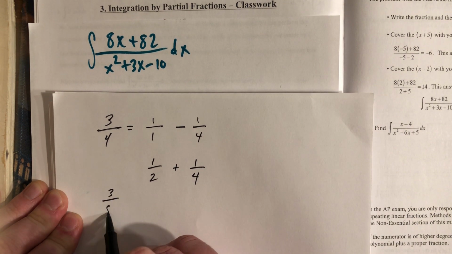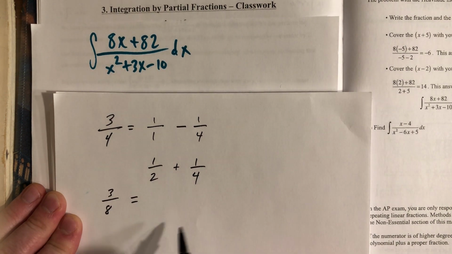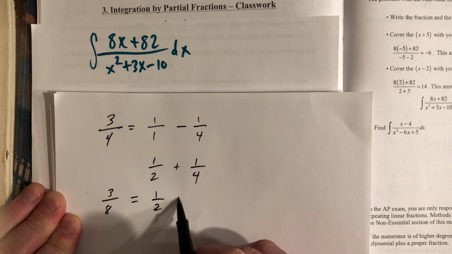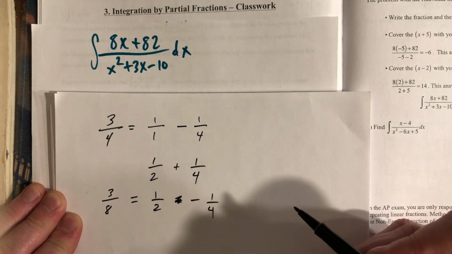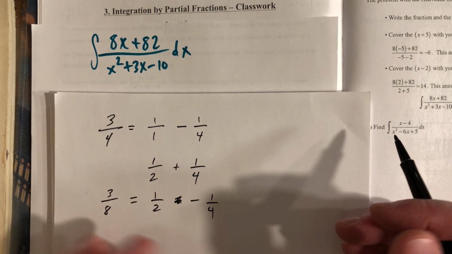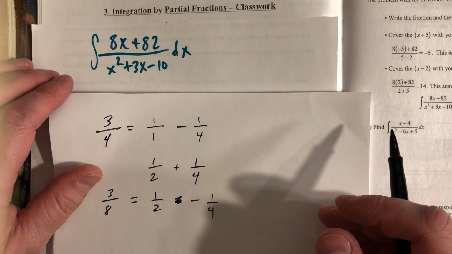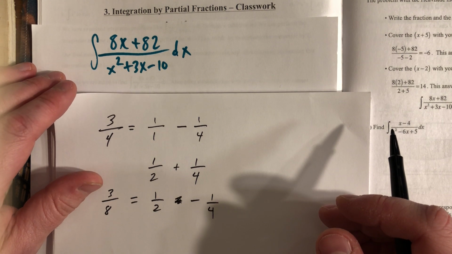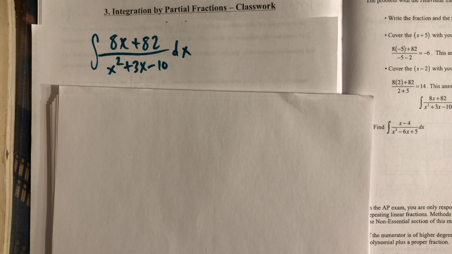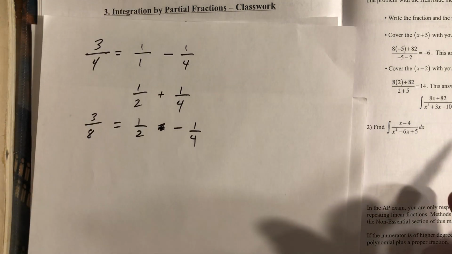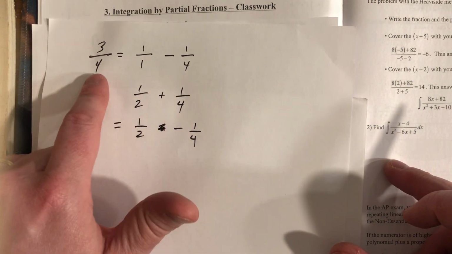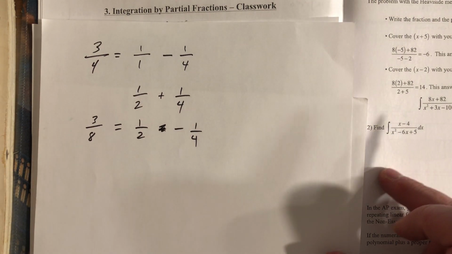Or if I had 3/8, I could rewrite it as a half minus 1/4, and that gives me 3/8. With numbers, we can do this sort of thing and rewrite fractions. But we can do the same thing with algebraic expressions. The key is to figure out different factors of our denominator.